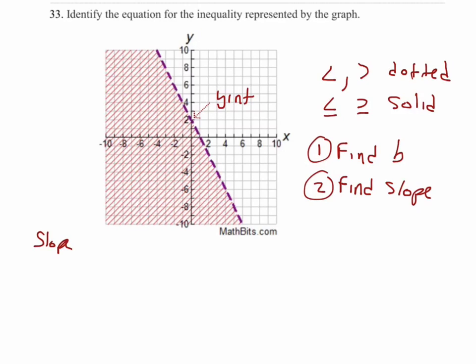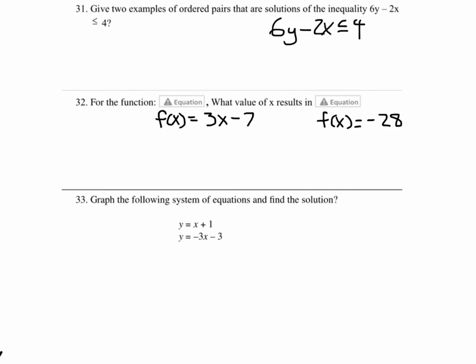You could use m equals y2 minus y1. So here's one point. Here's another point. Alright, so you could do that. Need to find a y. So, watch.